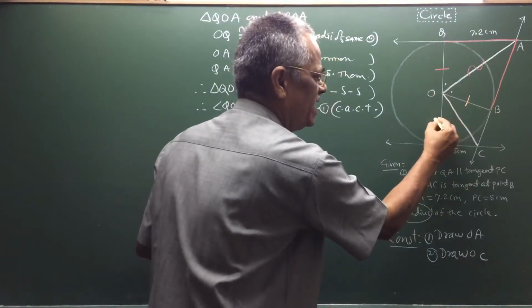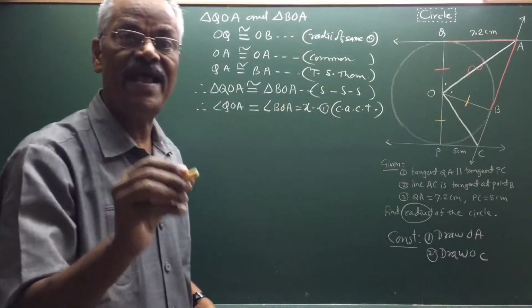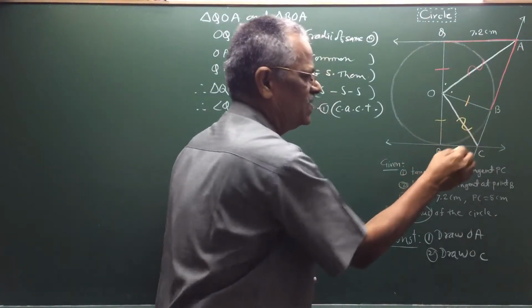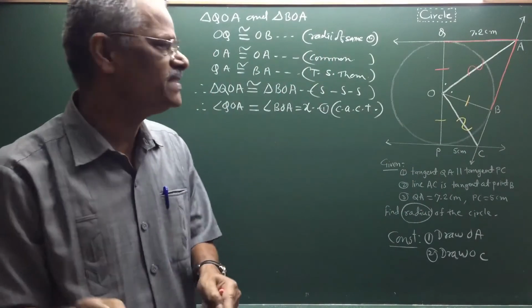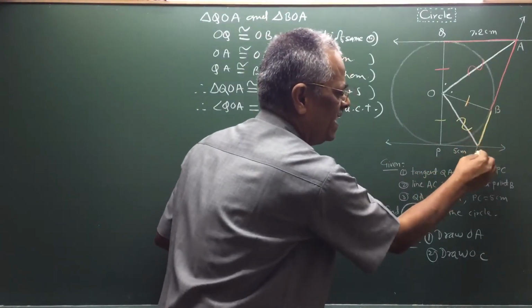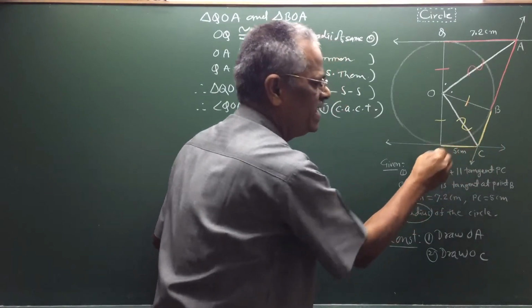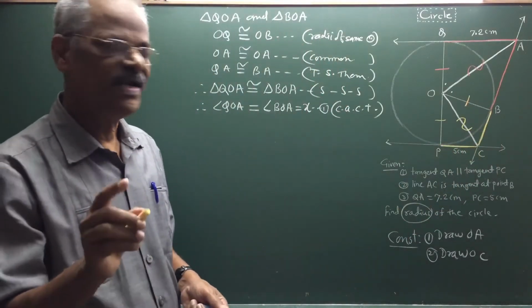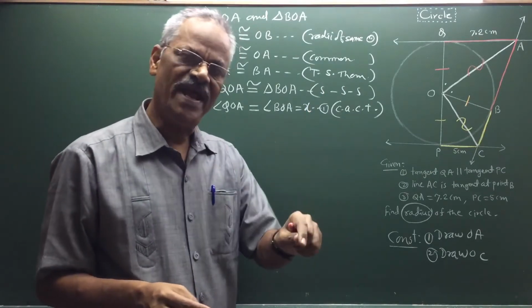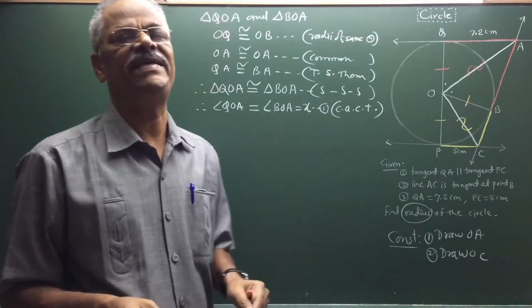OB and OC are equal, radii of the same circle. OC is a common congruent side. And BC and CP are congruent by the tangent segment theorem. So you can prove that by using the SSS test.